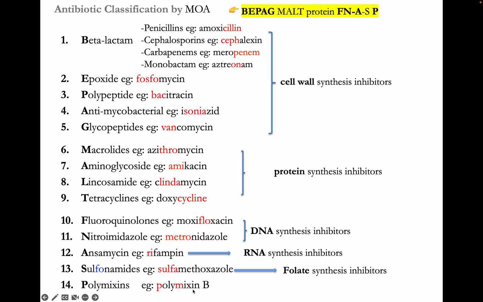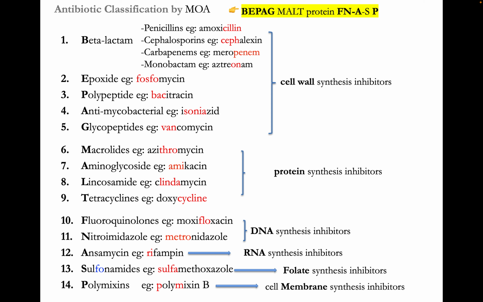Polymyxins, polymyxin B is the drug name. How I remember the mechanism of action? PM, plasma membrane. These drugs kill bacteria by inhibiting the cell membrane synthesis. These are also bactericidal. So we started with cell wall synthesis and ended with cell membrane synthesis.